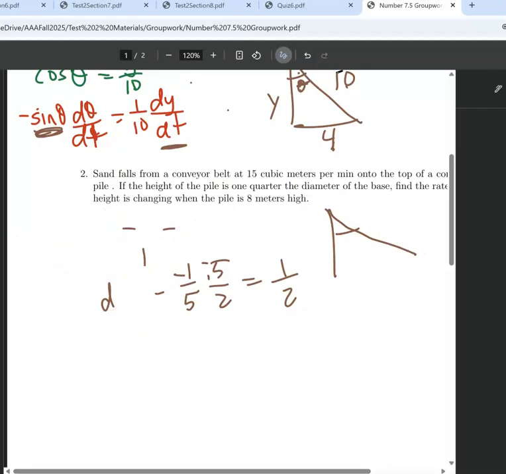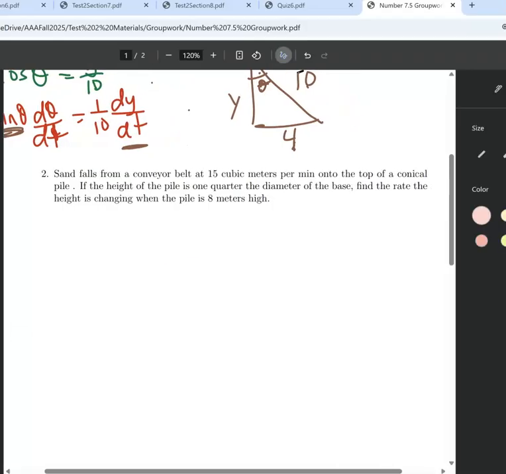Let's look at this conveyor belt. We did one like this the other day, but these are hard, so I want to go over it again. We know the volume of this cone, the pile it's dropping into, is 1/3 pi r squared h.